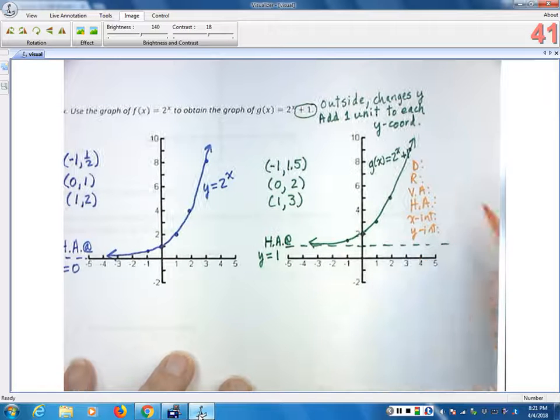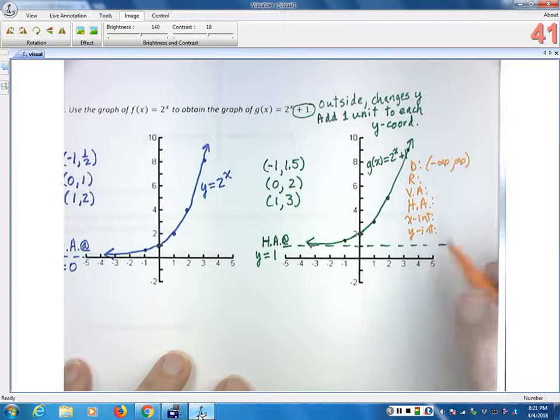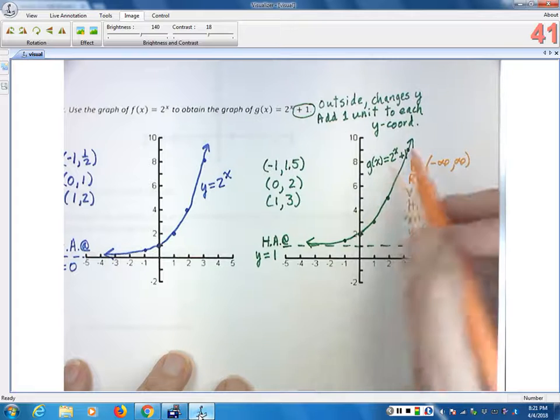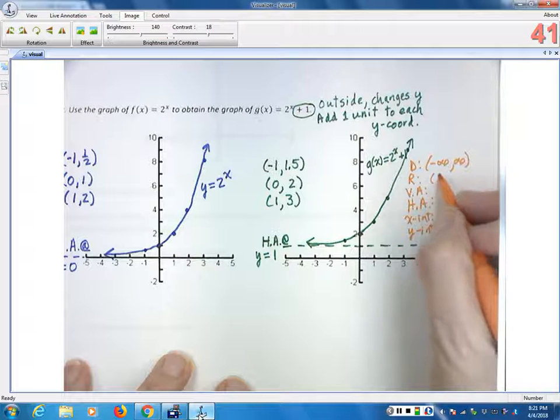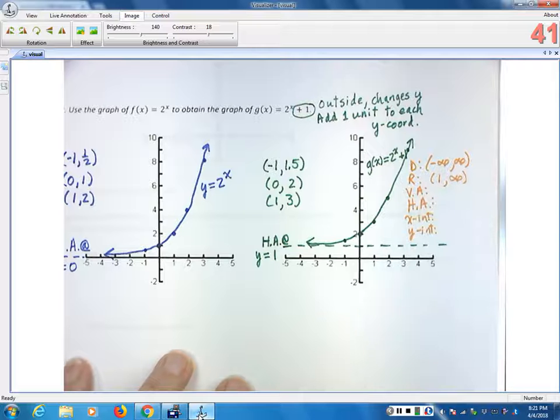Okay, so the domain projected to the x-axis, it's all real numbers, minus infinity to infinity. Range, projected to the y-axis, it's going to be 1 to infinity. Always put the smaller number on the left. Okay? Vertical asymptote, none.